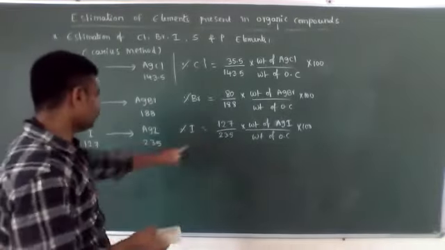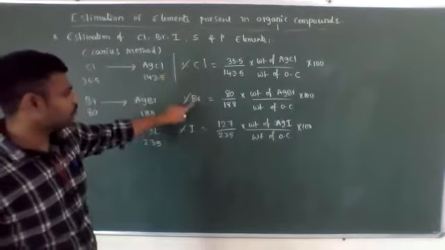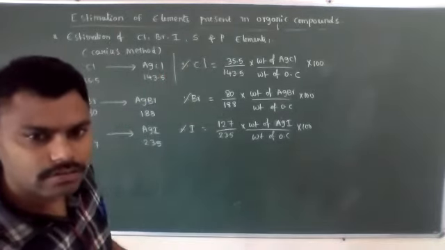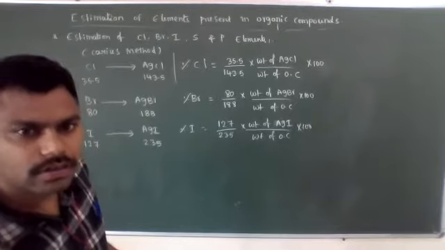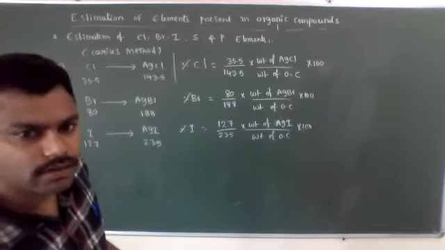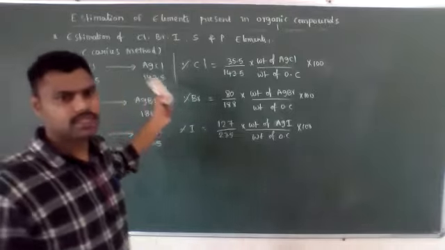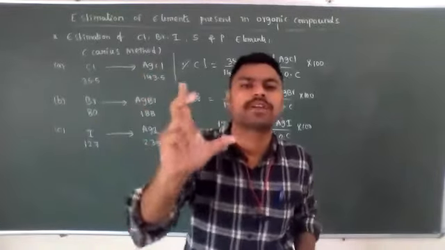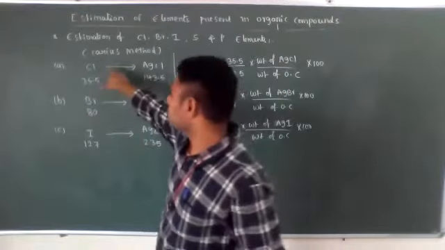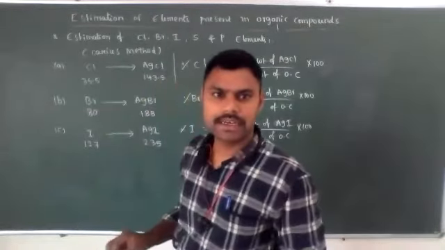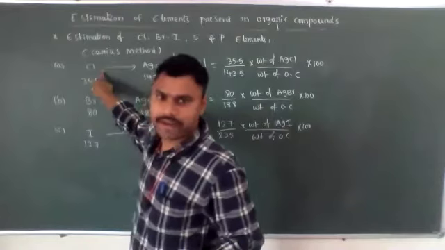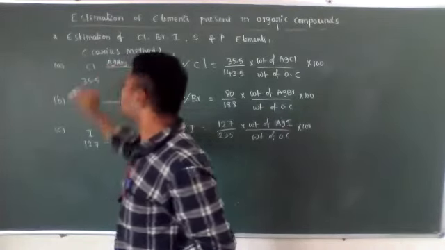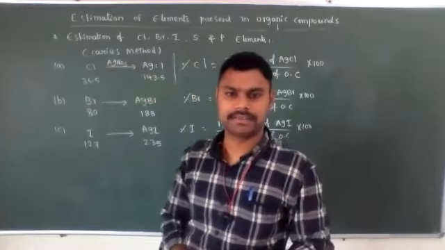Clear? Now these are the formulas for chlorine, bromine and iodine. We need combustion. Then those elements are converted into these forms by using one suitable reagent. What is the suitable reagent used in this method? Silver nitrate. Whenever halogens are present, they are treated with silver nitrate.